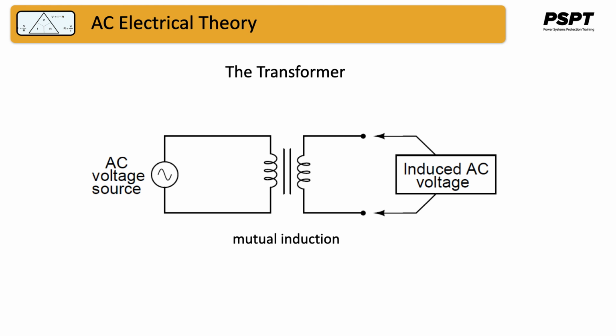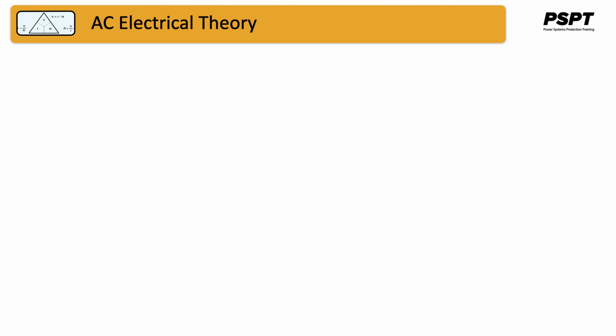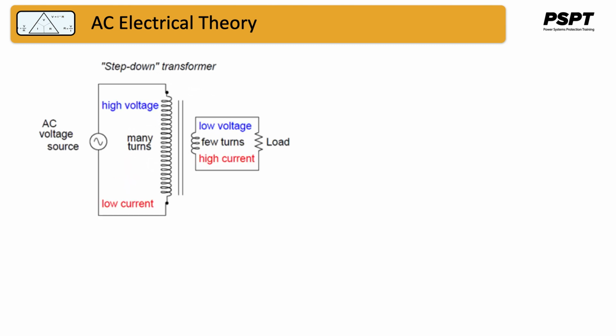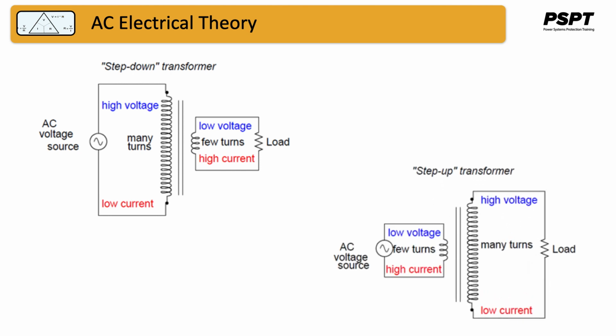When used as such, this device is known as a transformer. The fundamental significance of a transformer is its ability to step voltages down or to step them up from the powered coil to the unpowered coil.